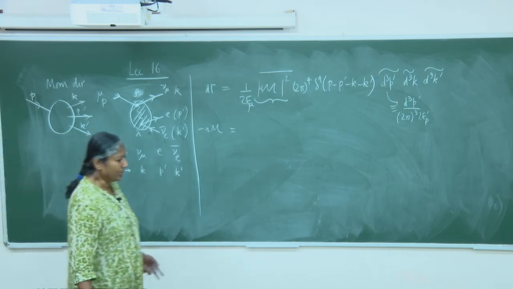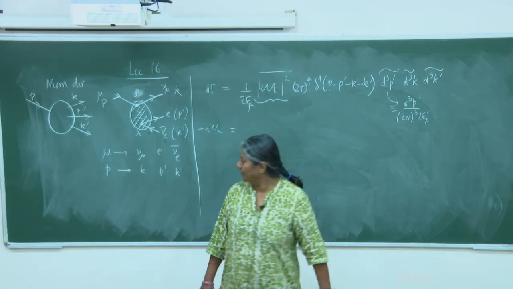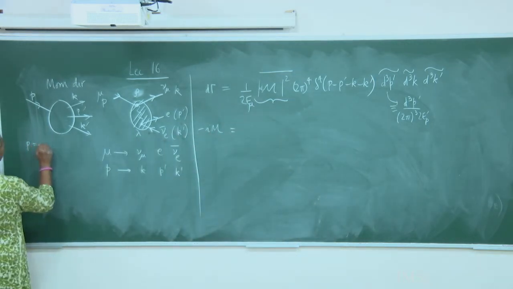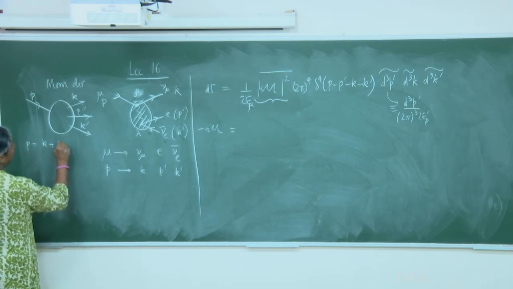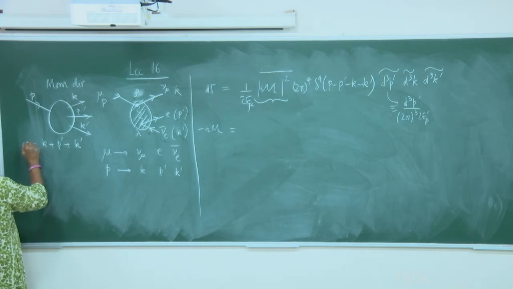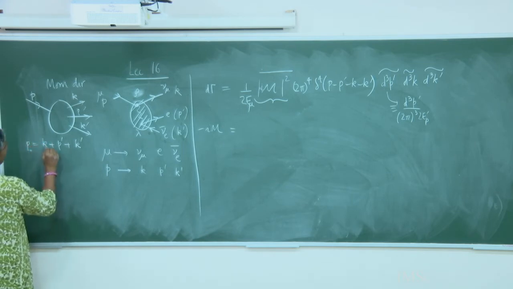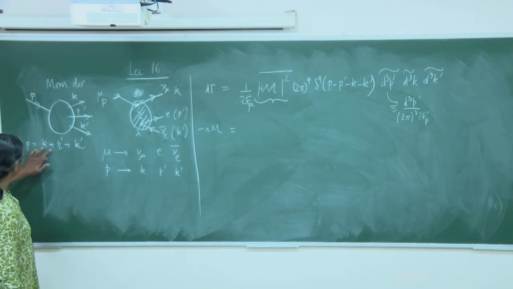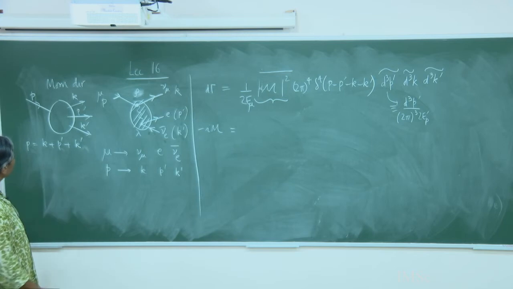See, something coming in and something going out, right? Let's look at this for example. Here, P is equal to K plus P prime plus K prime. These are the momenta, so they're all 4-vectors. If you want, I can put an index alpha over here, but I don't want to mess up with too many indices. Now what am I saying?